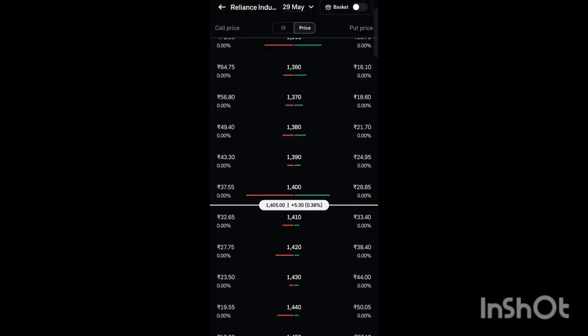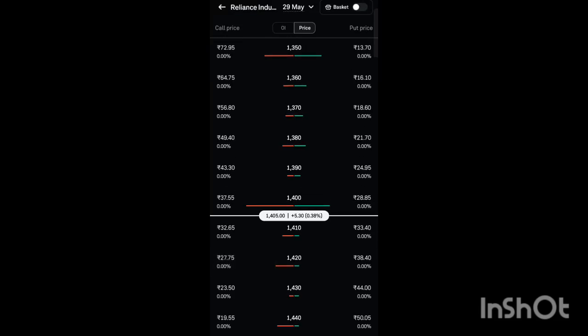If we are an option buyer, we are going to buy the strike price, but if you think like a seller, people are selling this stock option at 1400. Mostly people are selling the 1400 call.